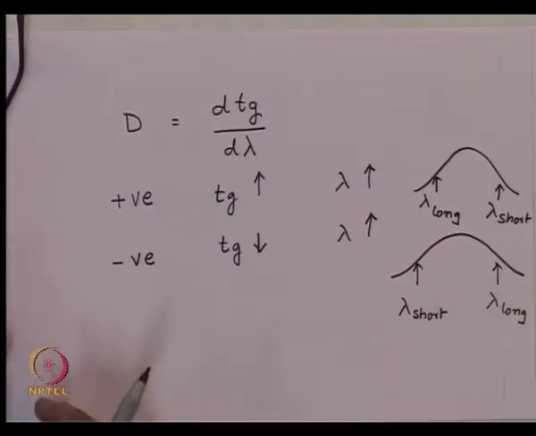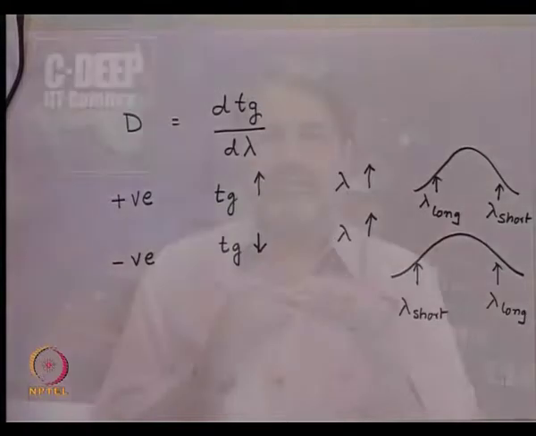So the sign of dispersion essentially changes the distribution of frequencies of the carrier inside the pulse. But if you look at the envelope as a whole, the envelope is affected exactly in the same way whether dispersion is positive or negative. So in one case the plane is shifted like this, in the other case the plane is shifted like this. But if you look at the projection in time, it will give you exactly the same kind of broadening.